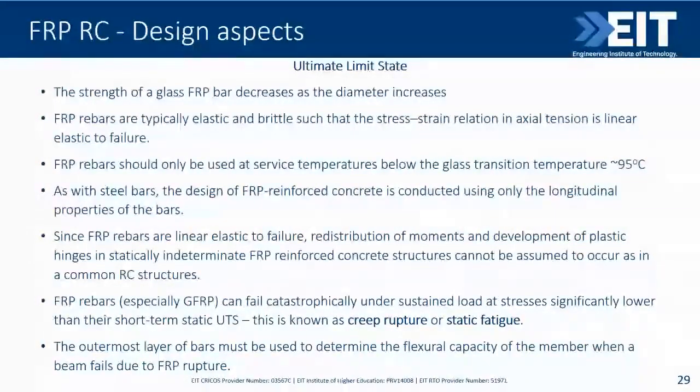So actually, part of the fibers are failing while most of the section is still intact. Right. What else? FRP rebars are usually elastic and brittle. So the stress strain curve is linear until failure.